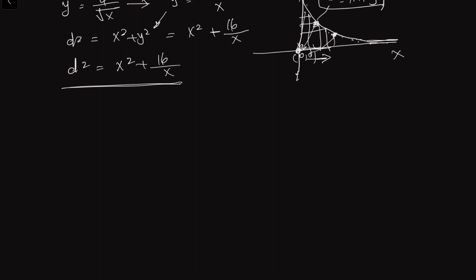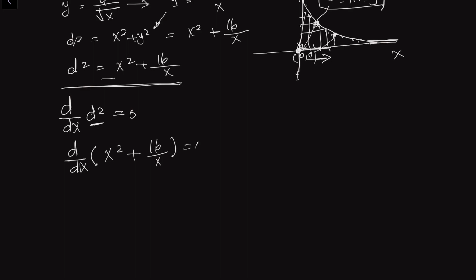The closest point to the origin is when the derivative of d squared is equal to 0, when the change of this distance is zero. So let's substitute for d squared right here. d over dx of x squared plus 16 over x is equal to 0.